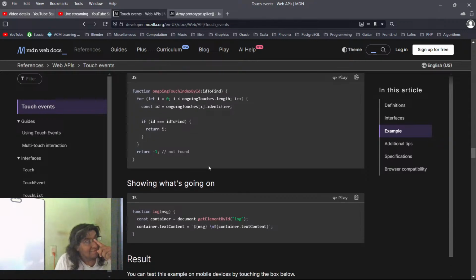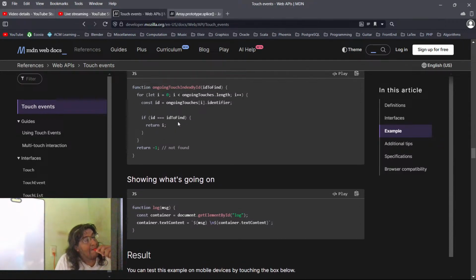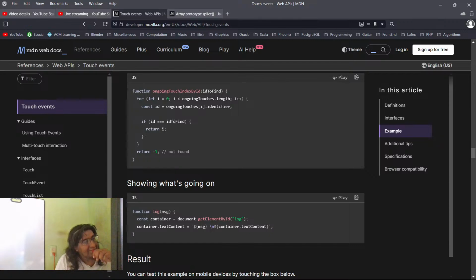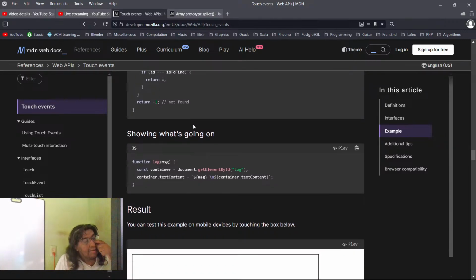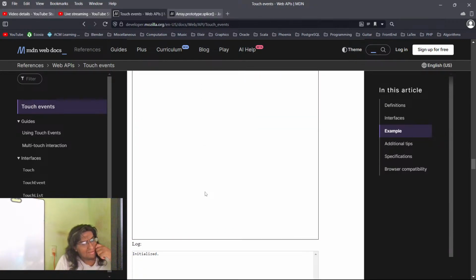I can't believe all this constant complexity. The thing is quite quick, quite fast.